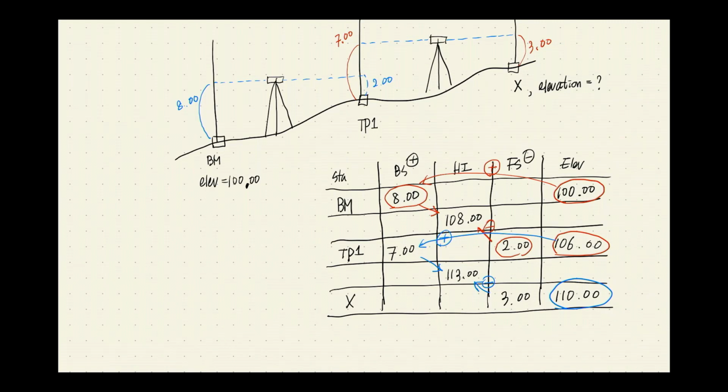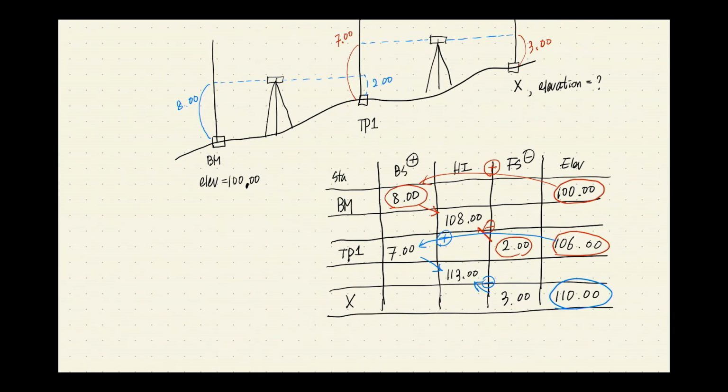Sweet. Then self.elevations of i should be self.height_of_instrument of the current one minus foresight. Yep, I think this is it.